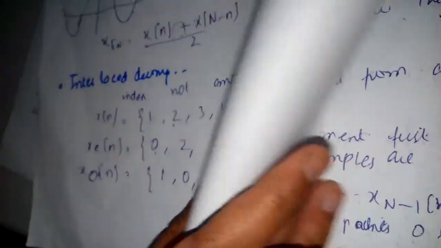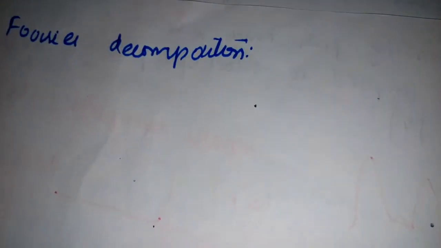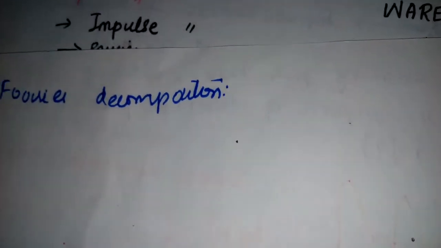Next is Fourier decomposition. Fourier decomposition is very mathematical but not very obvious. Any n point signal can be decomposed into n plus 2 signals, half of them sine waves and half of them cosine waves.